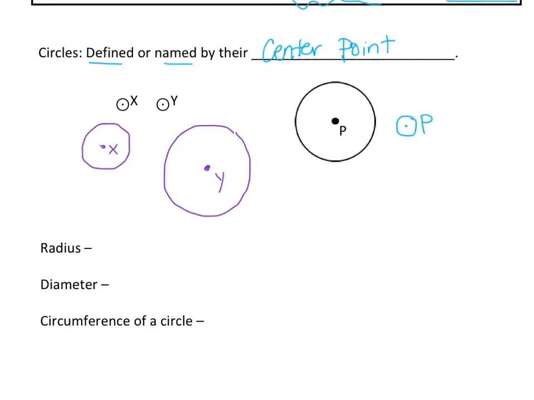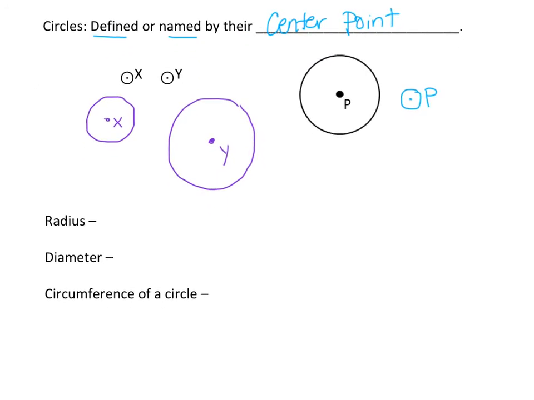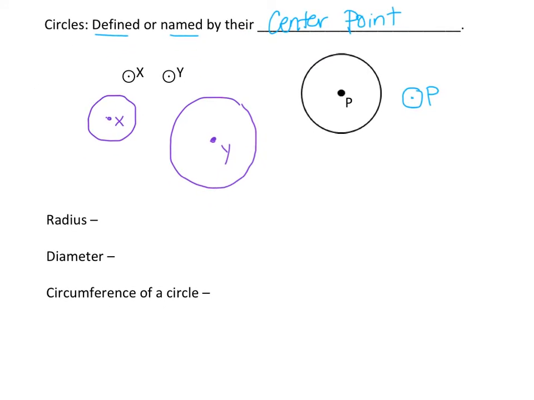Now let's look at some vocab that you probably know, but let's just make sure we have a good mathy definition for it. What's the radius of a circle? If you were to draw in the radius of the circle, you might draw in a line from the center of the circle to the outer edge. It doesn't matter where it's drawn, so you can see I'm just looking at circle Y up here.